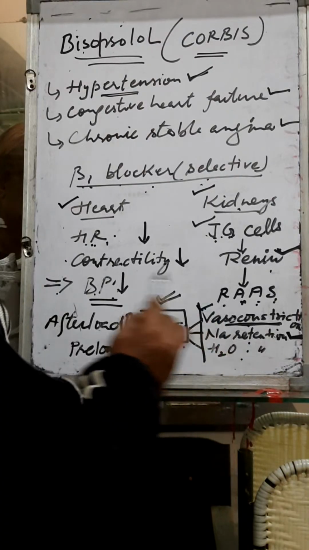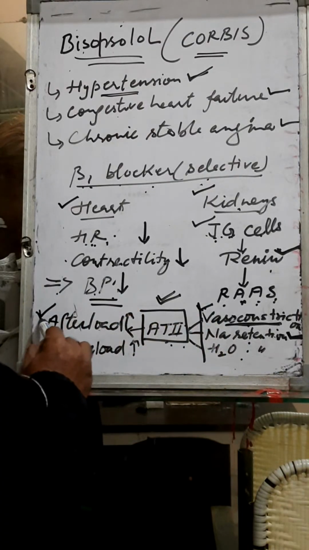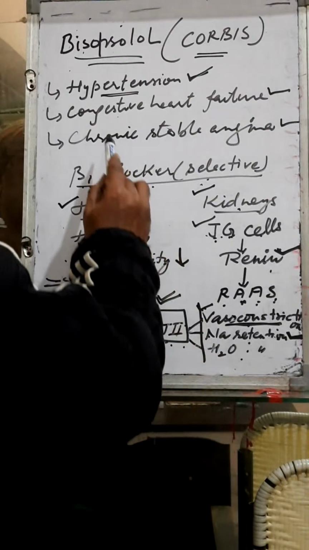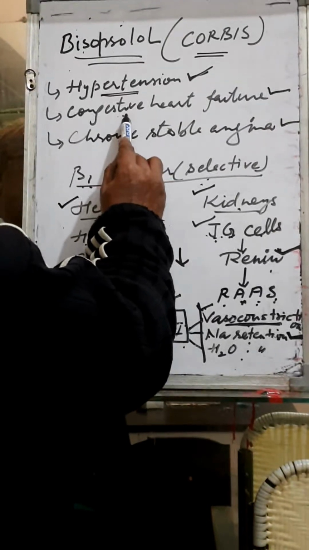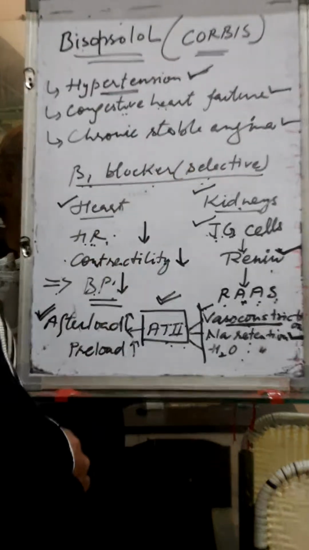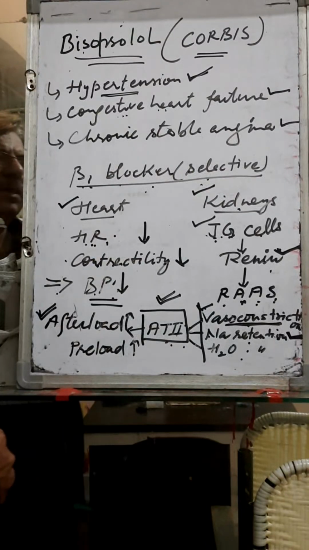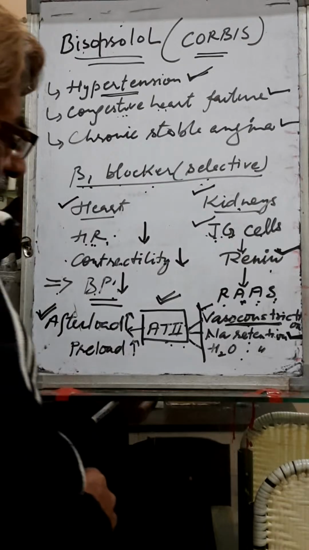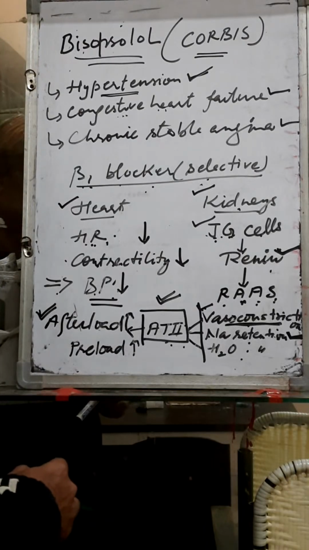Vasoconstriction increases the afterload. Now I am talking about congestive heart failure. How is this congestive heart failure treated by this beta blocker, selective beta 1 blocker?